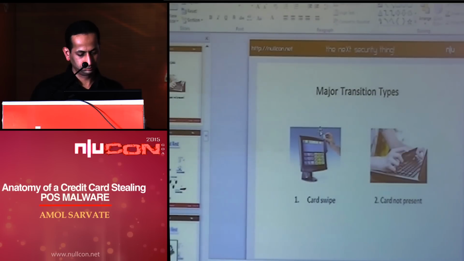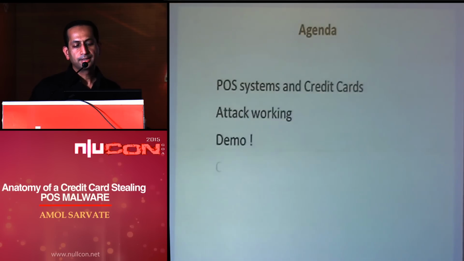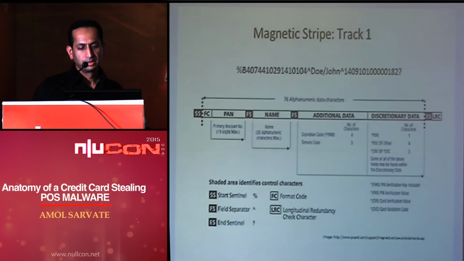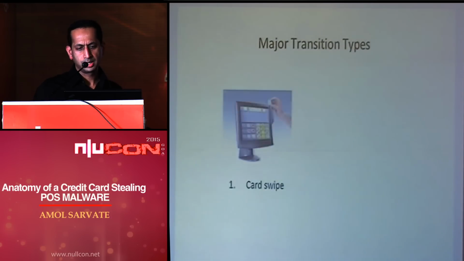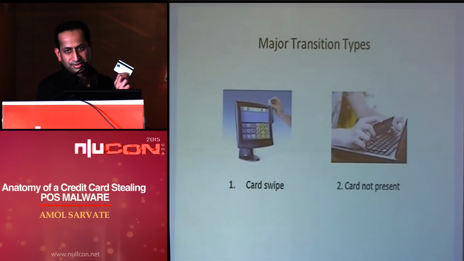A little confusing thing about card not present transactions is that on the back of the card there is this CVV number. This number is different from the number which is stored on the magnetic stripe.